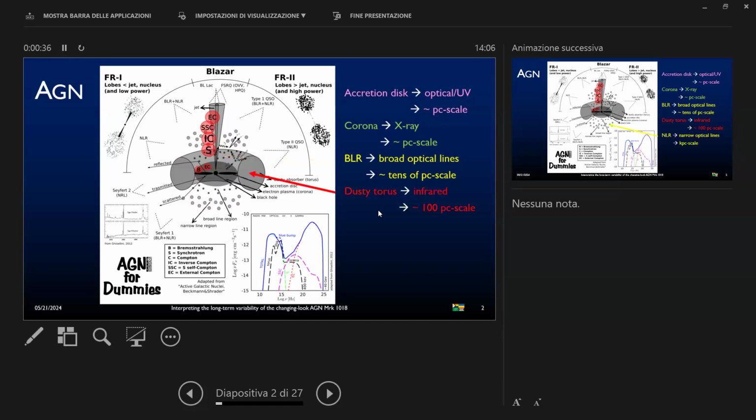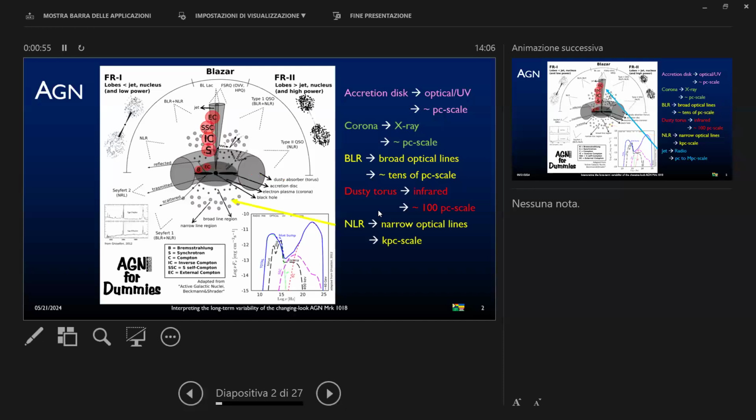Since the ionizing front from the accretion disk is exiting in a cone, outside of this ionizing cone there are the conditions to form dust at about hundreds of parsecs from the supermassive black hole. And so here we have the dusty torus, which is producing the infrared emission from the AGN.